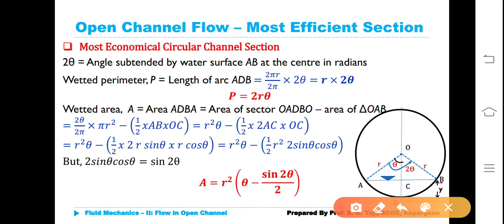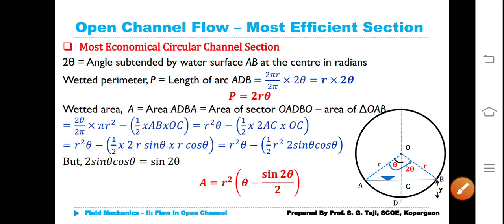That is equal to 2 pi r divided by 2 pi multiplied by 2 theta. That gives you small r multiplied by 2 theta, where small r is considered as the radius of the circular channel section. Therefore, wetted perimeter P is equal to 2r theta.